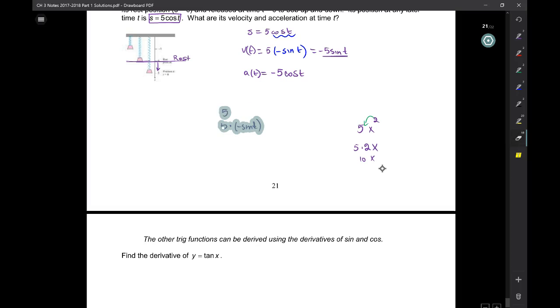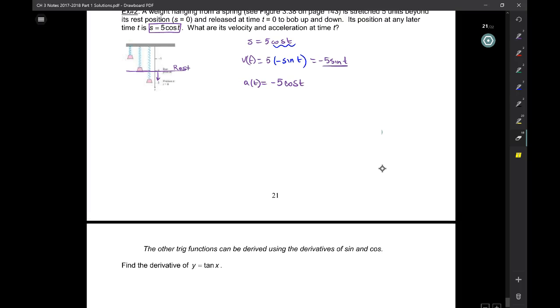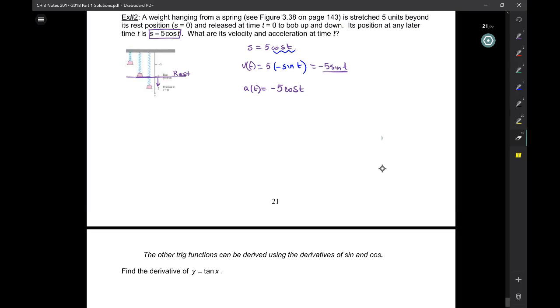So after you find the acceleration, you find the derivative of sine again, and then you go back to cosine. What happens is we started with s, which was cosine. To find velocity, I take the derivative of this.